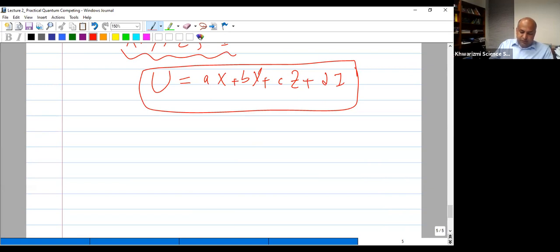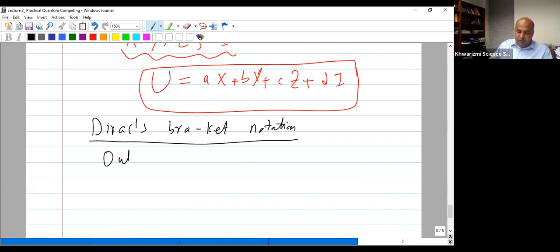Okay, so, but before I introduce two more gates which are important, let me introduce one very important concept in Dirac's bracket notation that we are using so far. Some people write with this dash, but you can also write it as it is, bracket notation. And that is a concept of outer product.